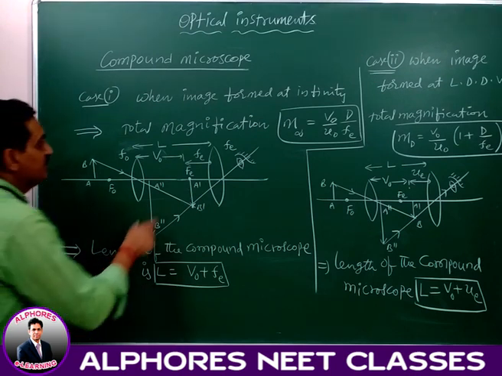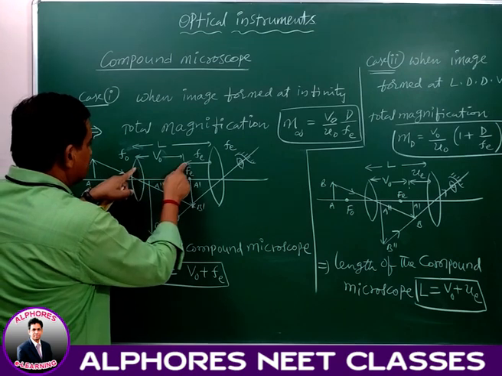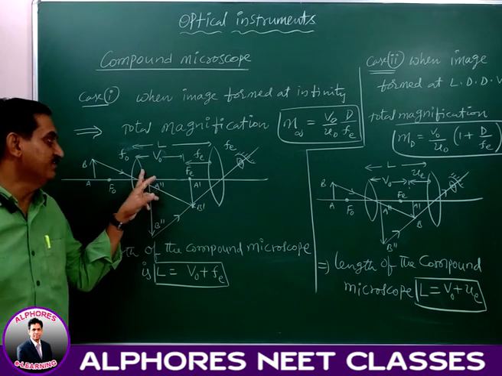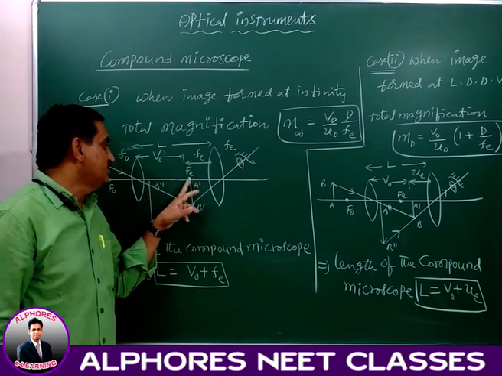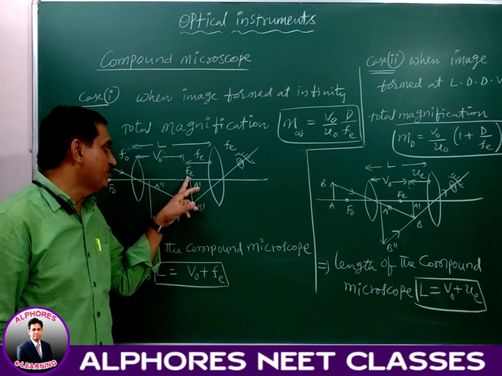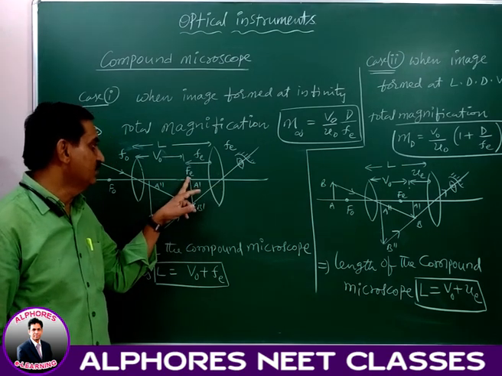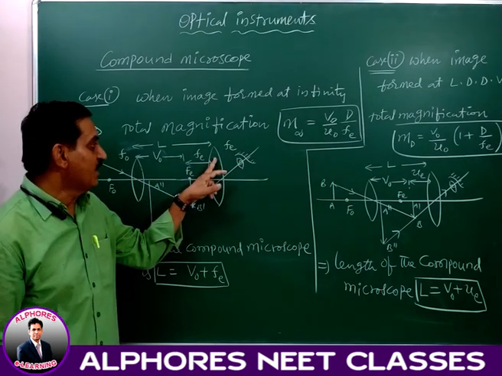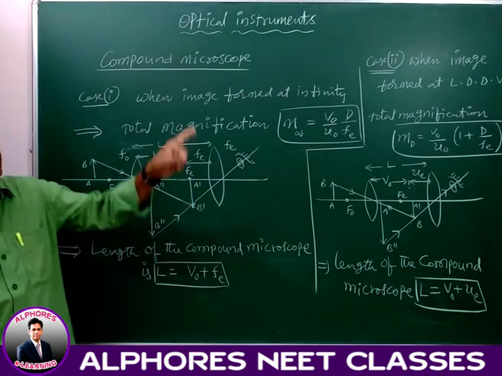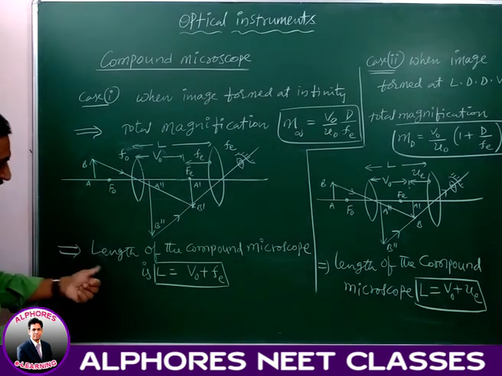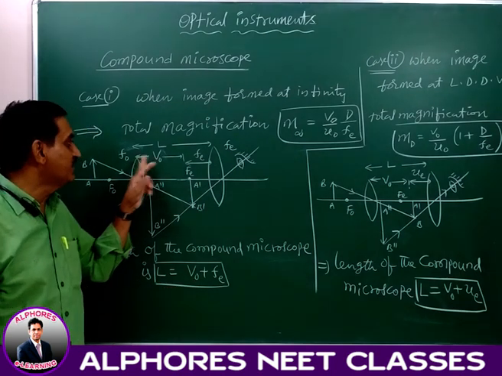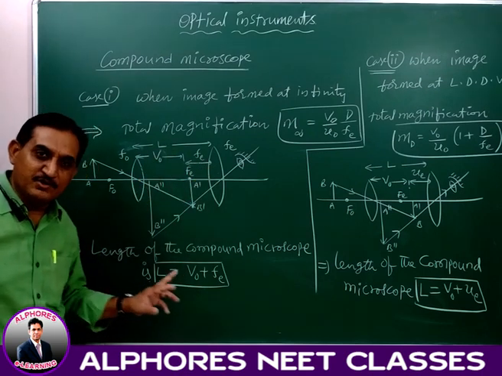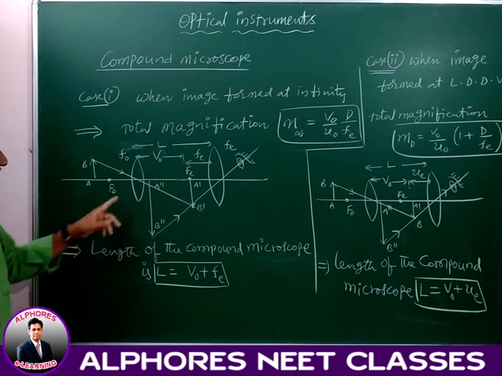Therefore, the image distance formed by the objective lens is V naught. This image is exactly at the focus point of the eyepiece, so from here to here it is Fe. The total length of the compound microscope when the image is formed at infinity is L equal to V naught plus Fe.